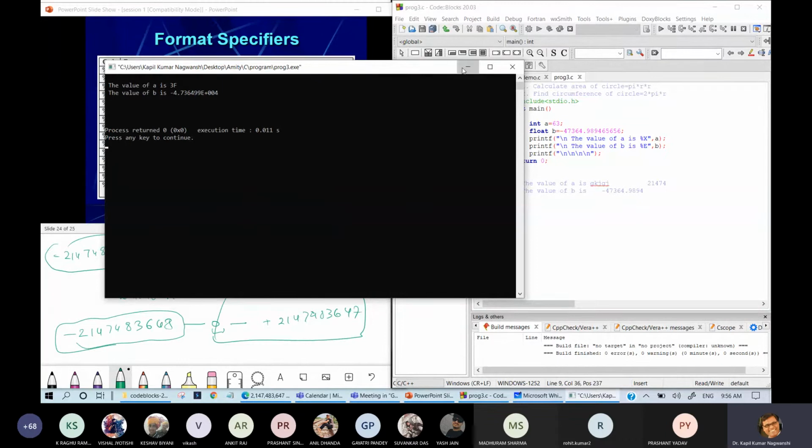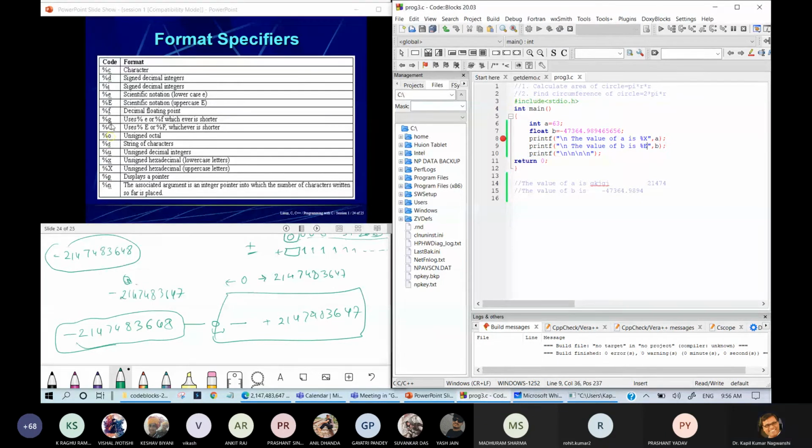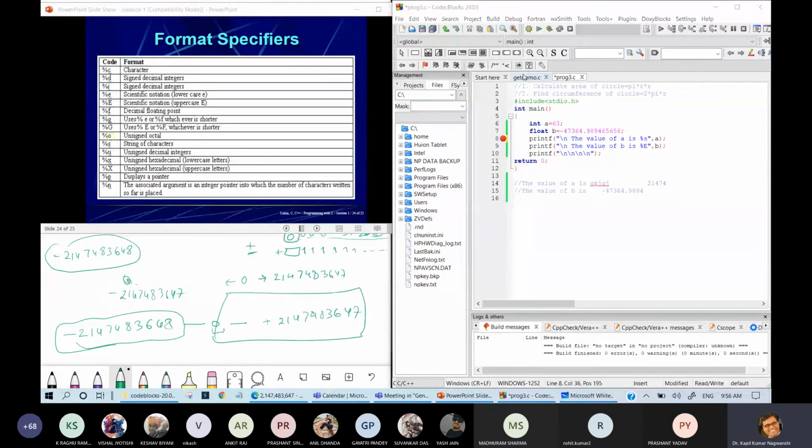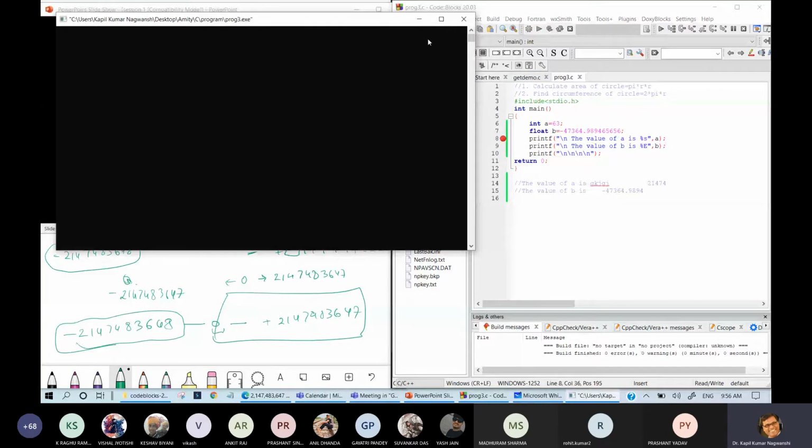So scientific notation is also completed. Then G is not of much use. Octal is done. Now S: suppose I am writing S, then it will display the equivalent ASCII character of 63.